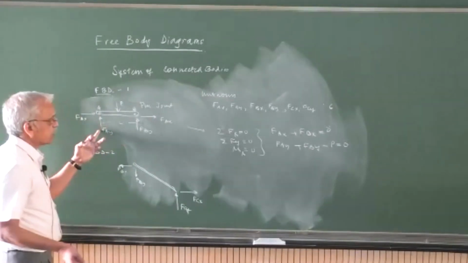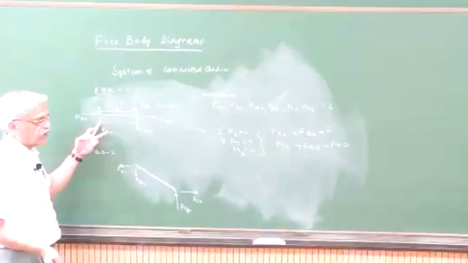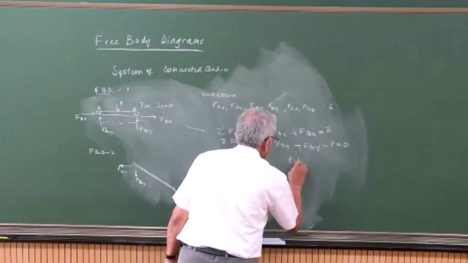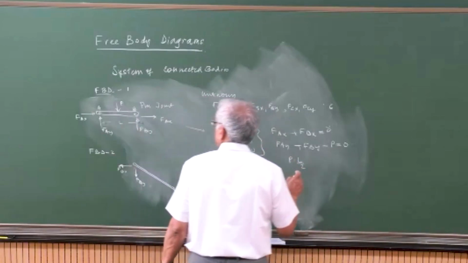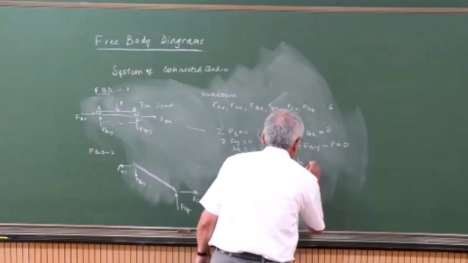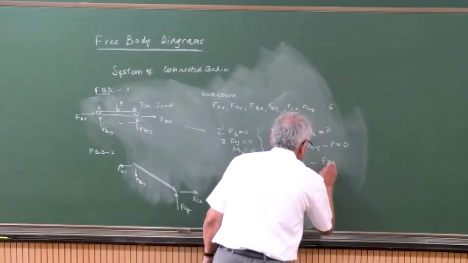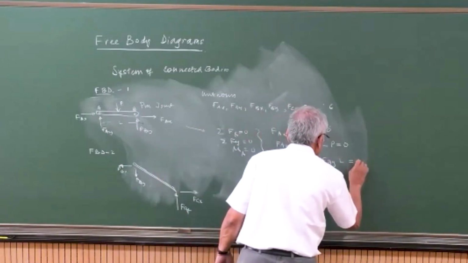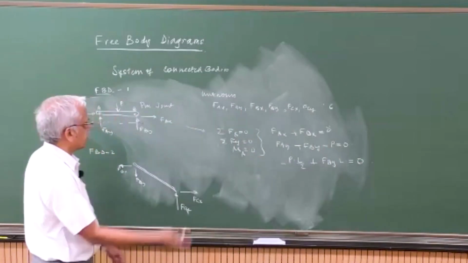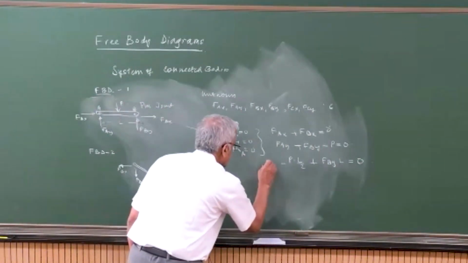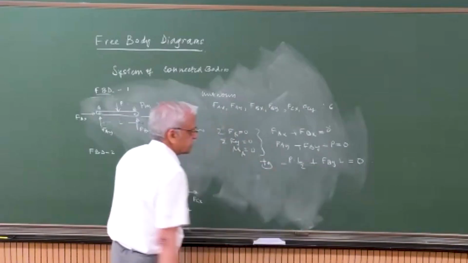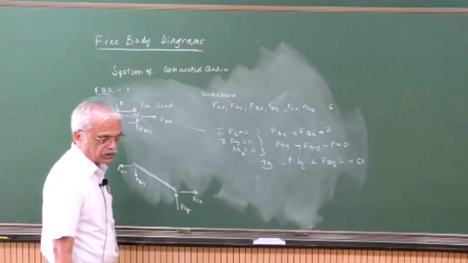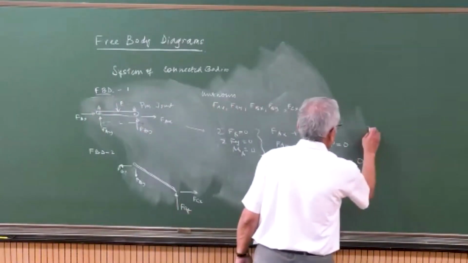Okay. So if you take moment about A, obviously these two will not enter the equation. And it's only P times, say, L by 2. And then you have only Fby times L. So this is, I took counterclockwise. Maybe you can also show here that the positive convention for moment is counterclockwise is positive. So usually. So like this, so you have three equations.